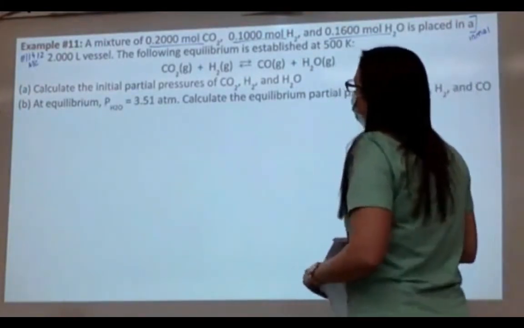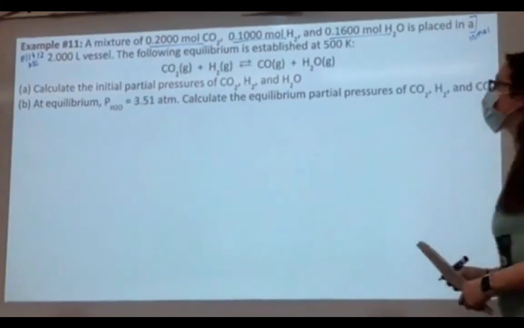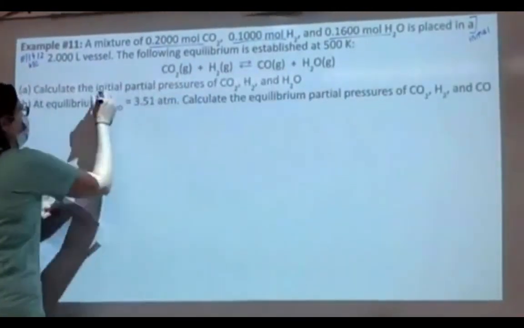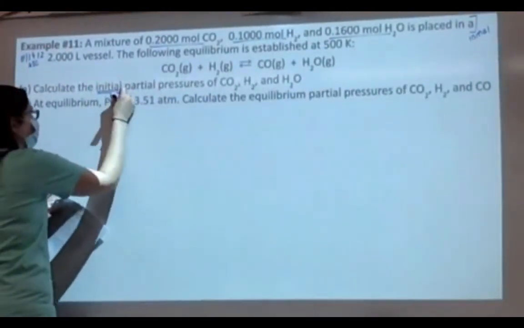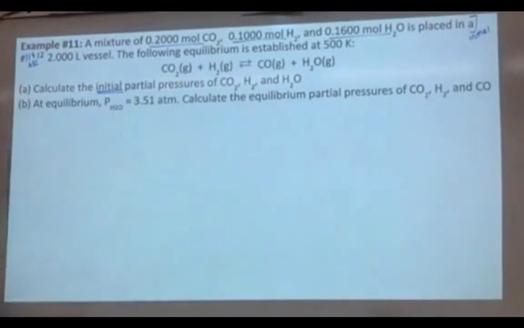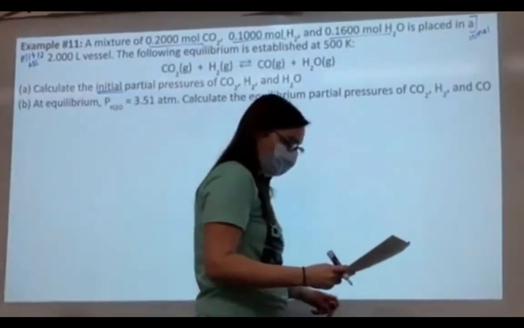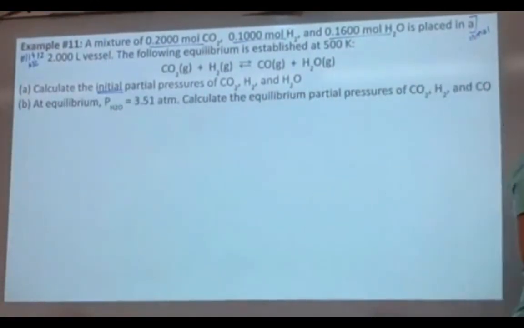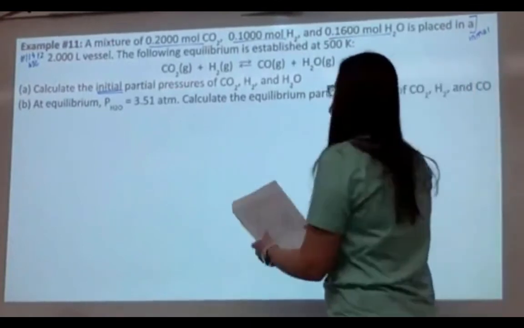Part A says calculate the initial partial pressures. Initial partial pressures. That means we're not going to do anything related to equilibrium. Initial partial pressures of CO2, H2, and H2O. So I'm going to give a little hint here.